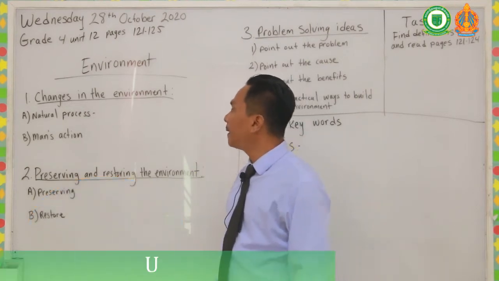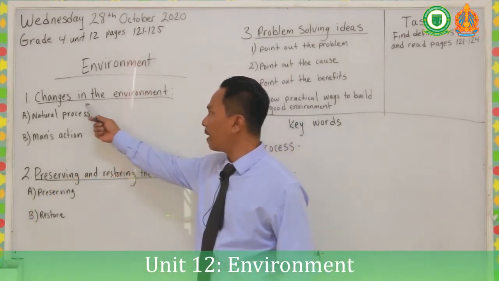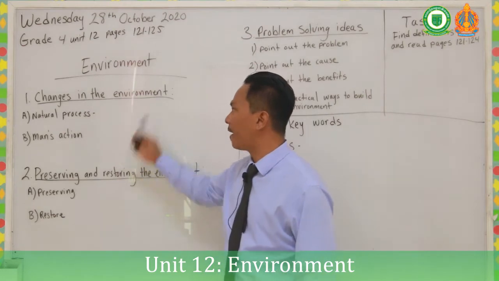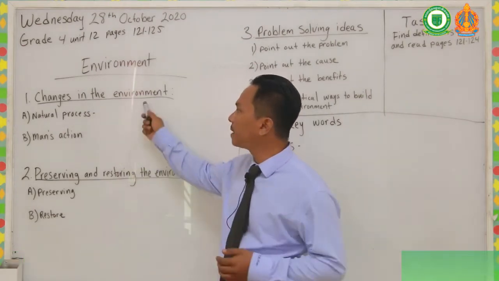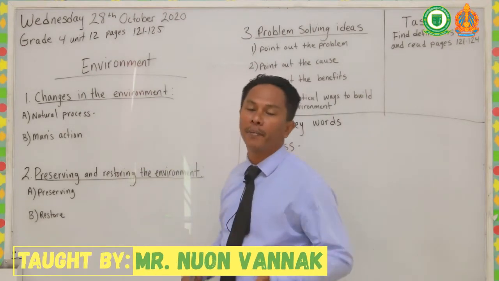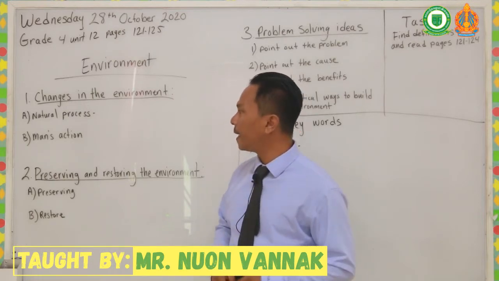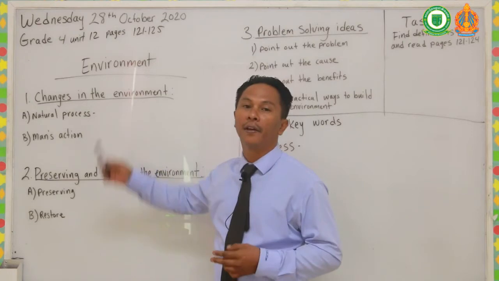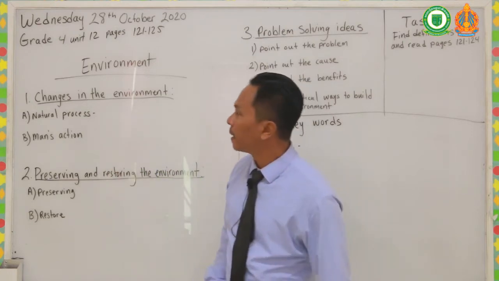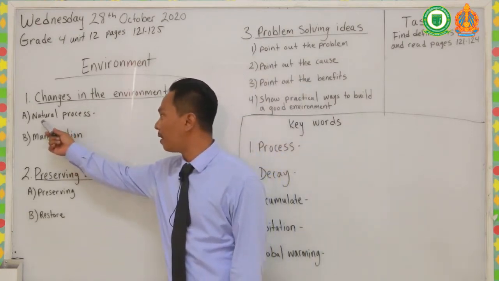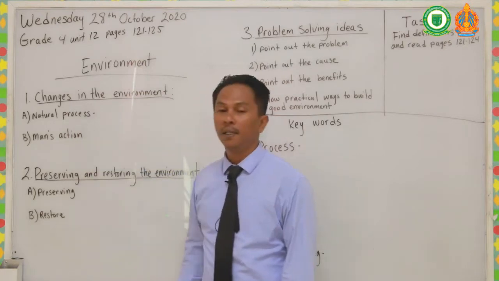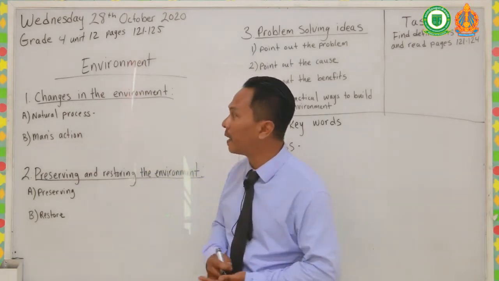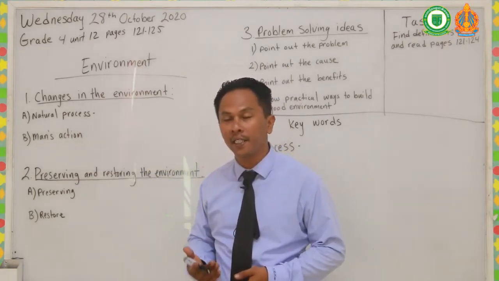Okay? So here we're going to be talking about the changes in environment. What this is saying is how does the environment change? And in this unit it's going to explain there are two ways the environment can change. There's a thing called natural process. That's a way the environment can change.